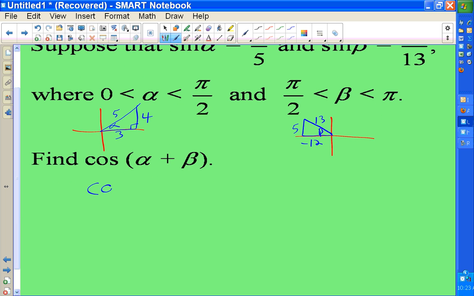So cos alpha plus beta is cos alpha, cos beta, minus sine alpha, sine beta. In tonight's homework, if you write out the formulas every time, you'll probably have them memorized by the end of the assignment. It's not going to take you 2 hours.